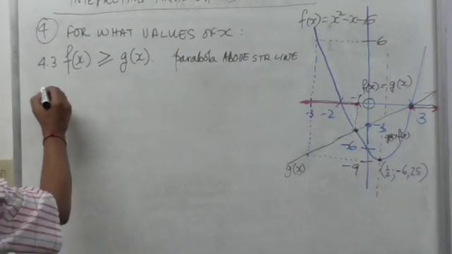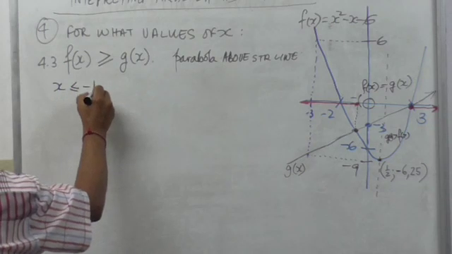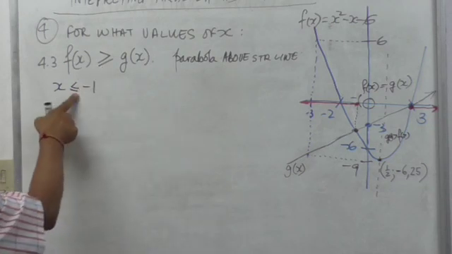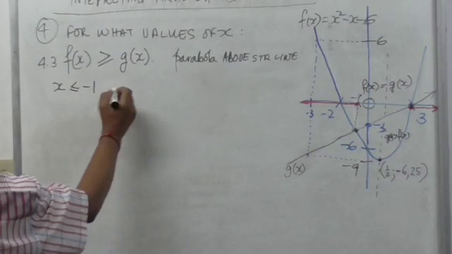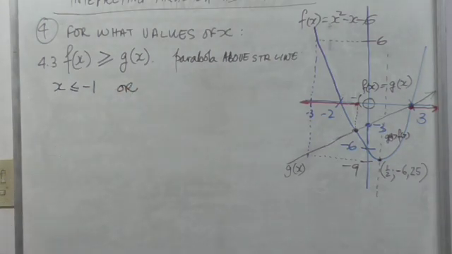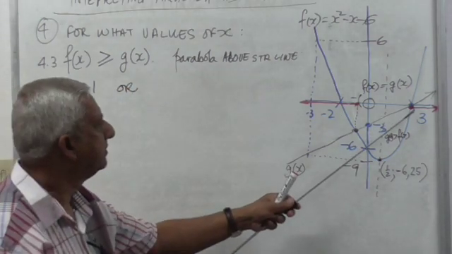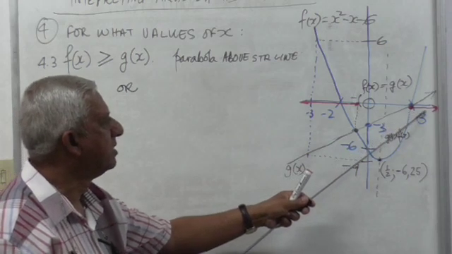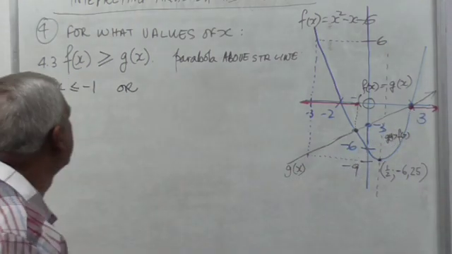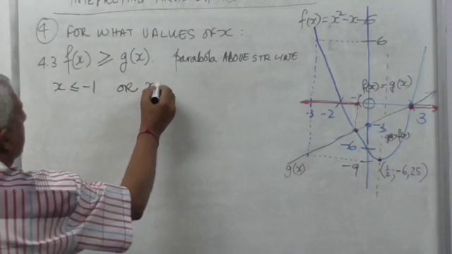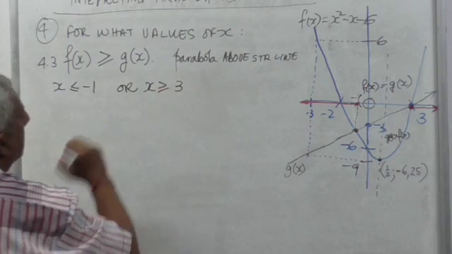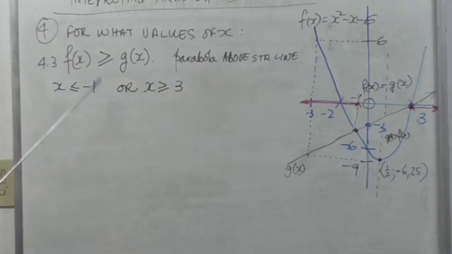We say x less than and equal to -1. If there's equal to there, I put equal to here. Or the next answer, all these numbers are greater than 3. So x is greater than and equal to 3. So that's how we get those answers.